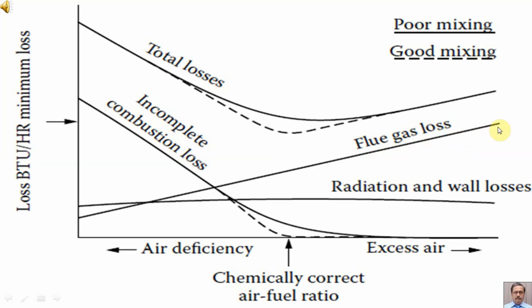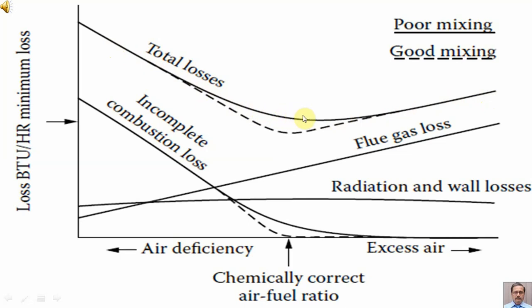And then in this curve we have made the sum of all the losses. So total losses include radiation loss, incomplete combustion loss, flue gas loss. So this curve shows the total loss. So here we can see that the total loss reduces as we are giving proper combustion air.